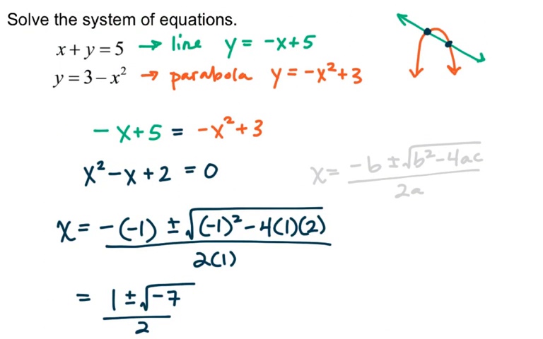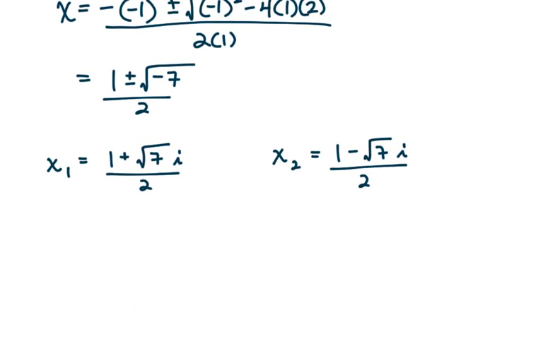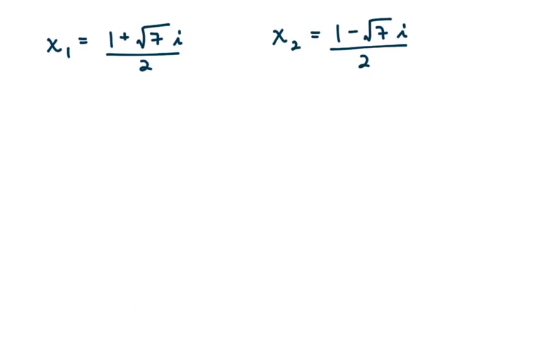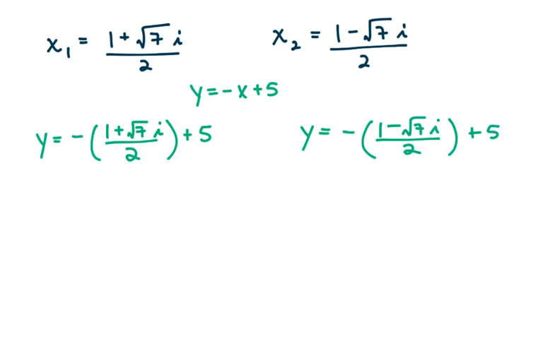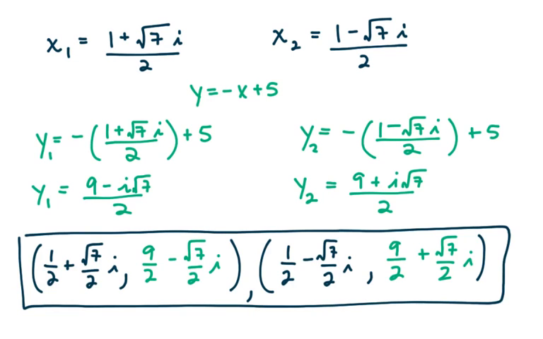Keep in mind, we know that y is equal to negative x plus 5. So if we know y equals negative x plus 5, essentially, I just need to plug those in here. So plugging both of those values into each of these equations, one with a positive, one with a negative, I can simplify and get two other values.